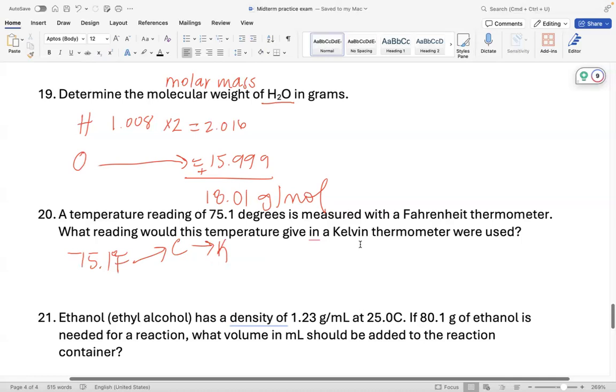So the formula for Celsius equals the Fahrenheit minus 32 times 5/9. All right, so 75.1 minus 32 times 5/9.